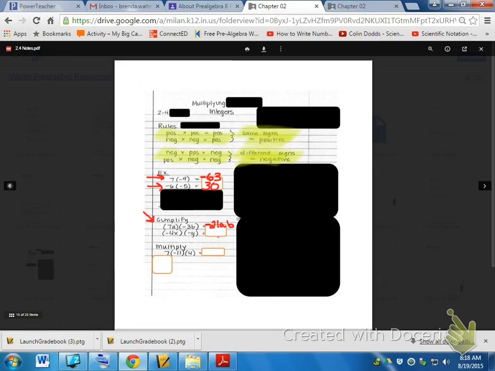Questions about that? All right, somebody help me with negative 4x times negative y. Stephen, negative times negative, what's the product going to be? It would be positive. Now, this one has a 4. This one doesn't have a number, so what is it automatically understood to have there? What number's really there if you don't see it?